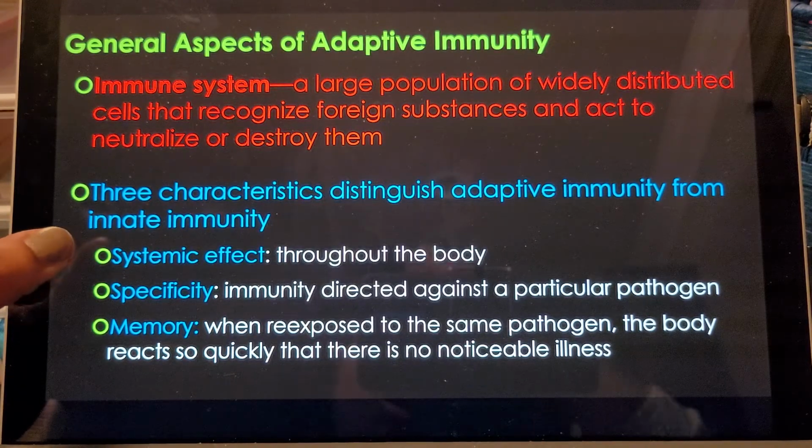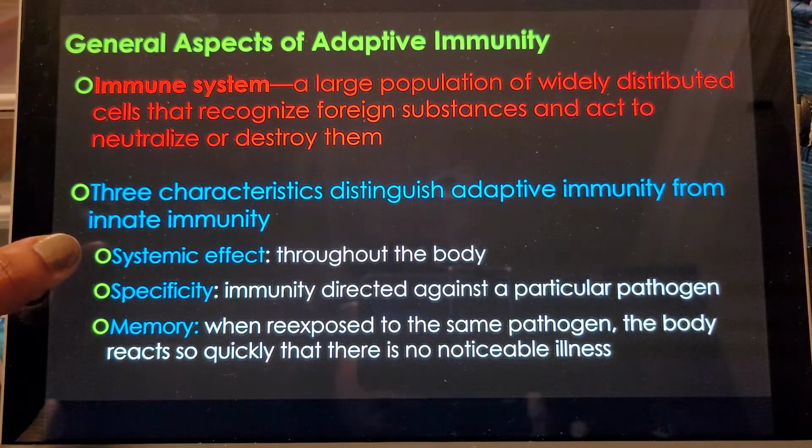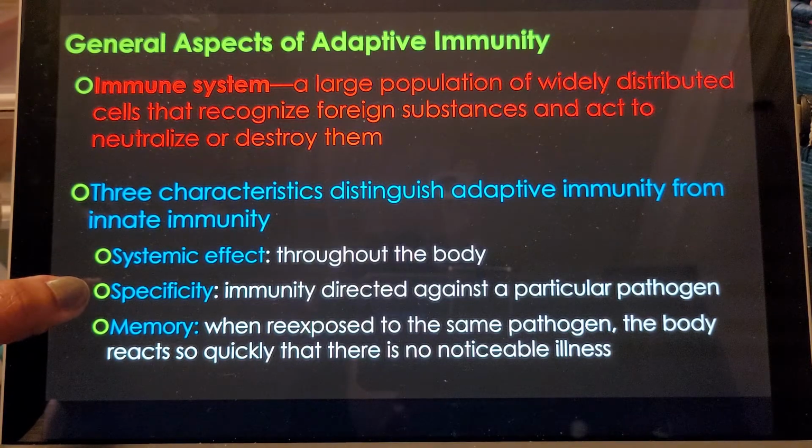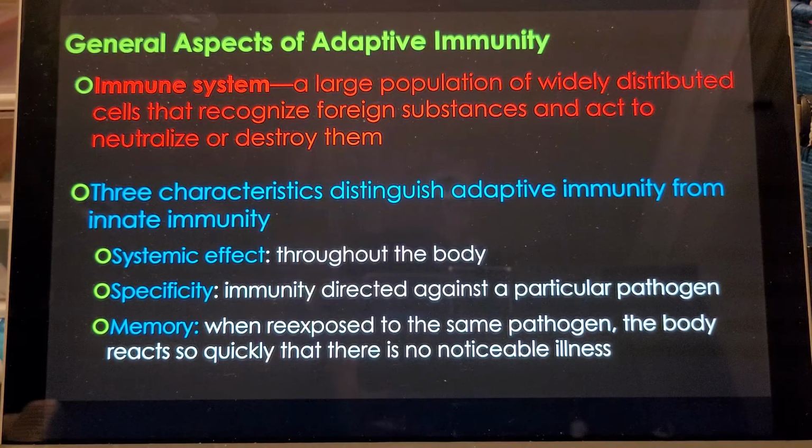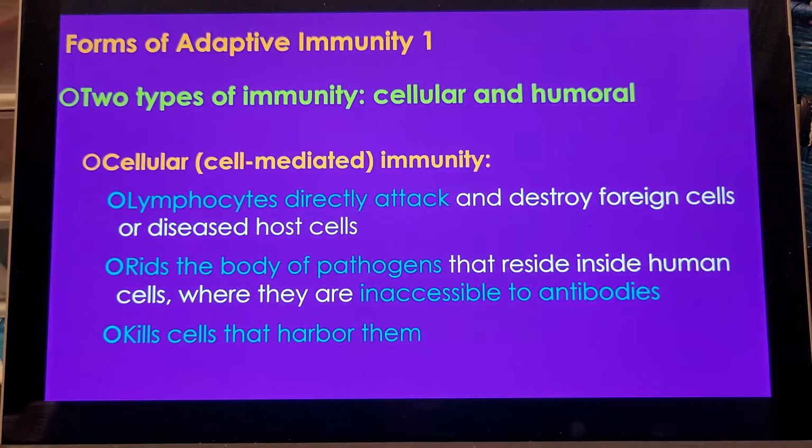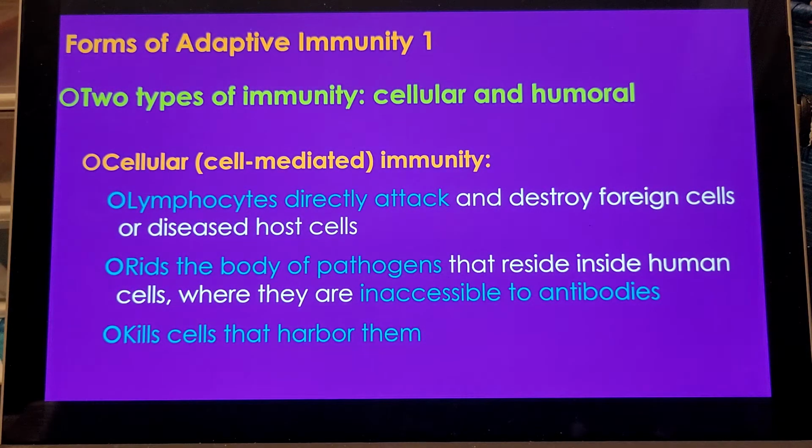With your innate immunity, you're going specifically to that area to target that pathogen, while with adaptive immunity, part of your defense is going to create clones or antibodies that will circulate throughout the entire body. It's specific to a particular pathogen, and unlike with your innate immunity, you can actually remember an infection and have that defense all ready to go if you get exposed to that pathogen.